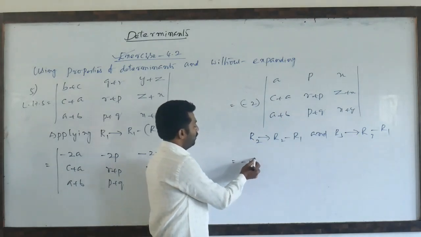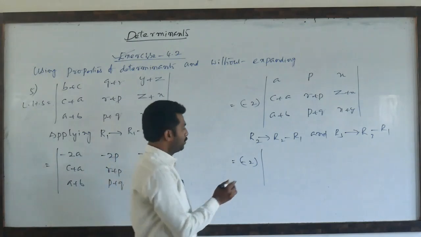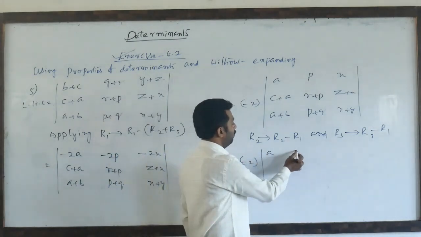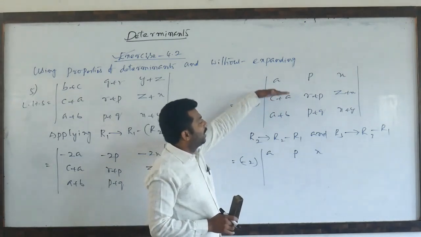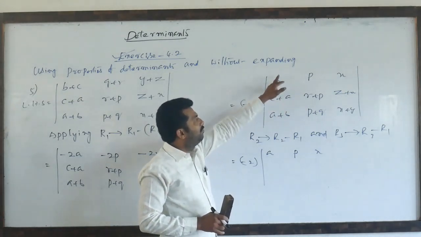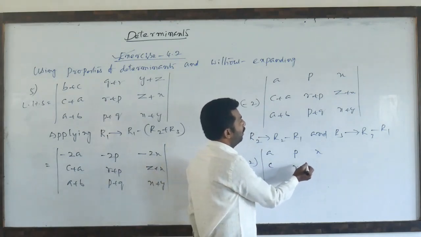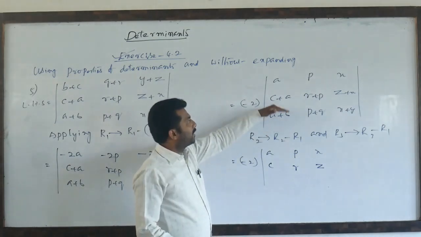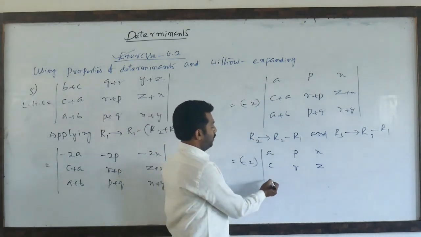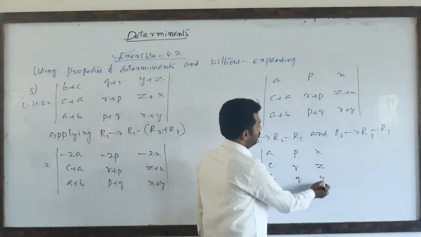Now the factor is minus 2, and there is no change in R1 itself: a, p, x. R2 minus R1: c plus a minus a is c, this is r, this is z. R3 minus R1: this is b, this is q, this is y.